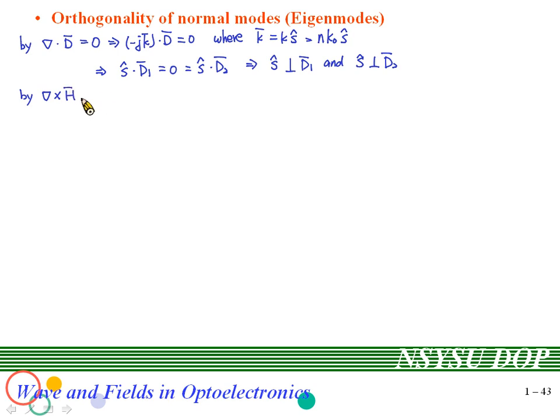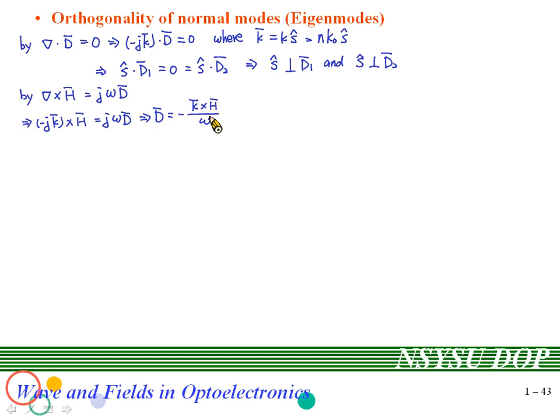Then we use the curl H. We know that curl H is j omega D. So again, replace the gradient operator by minus jk. You will have minus jk cross H is j omega D. As a result, we can express the D field as minus k cross H over omega.